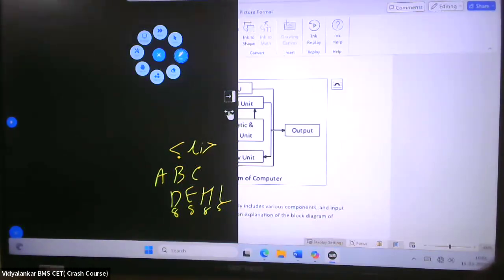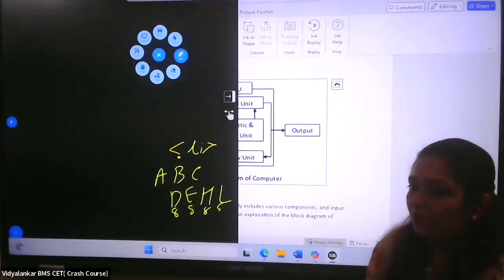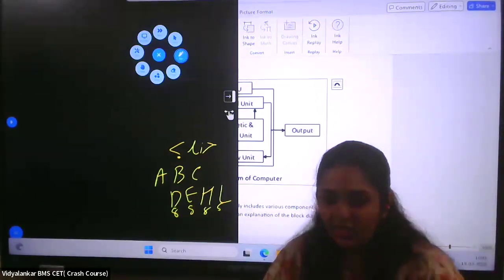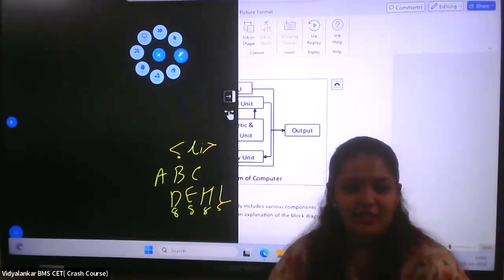Computers or GK? GK first, then we do computers. Okay, I'll just share the test with you. Yeah, online I think even they've shared. So please start. We'll solve GK first.